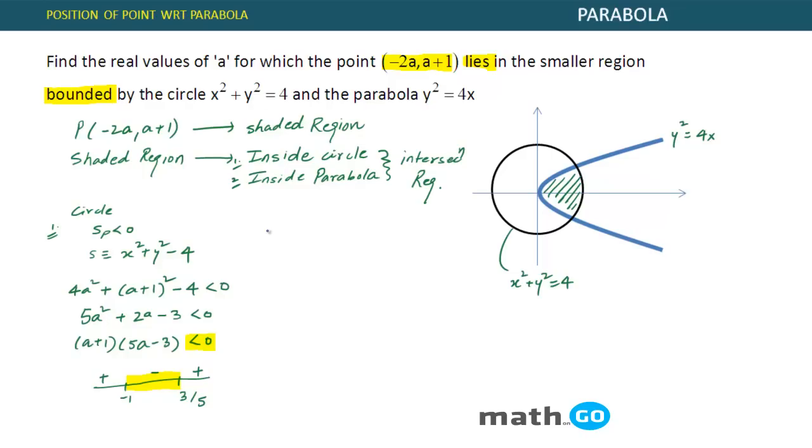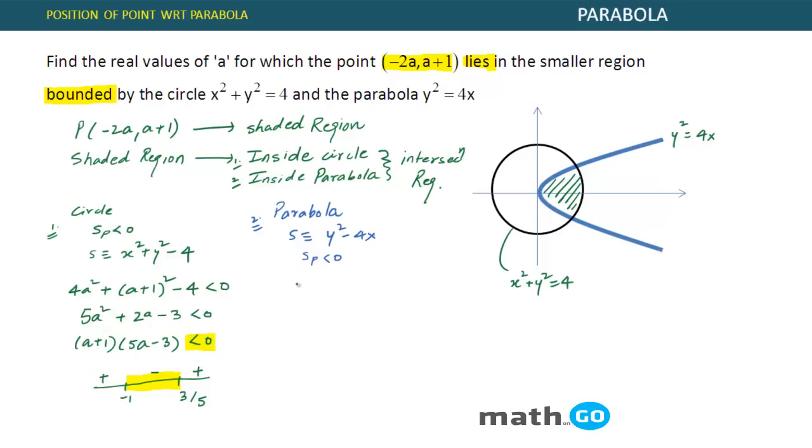Now let us try and solve for the parabola. The second step that we have to do is for the parabola. For this, S would be y square minus 4x. Now for this also, S11 should be less than 0. So now substitute this point in this expression.